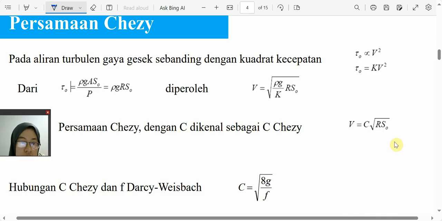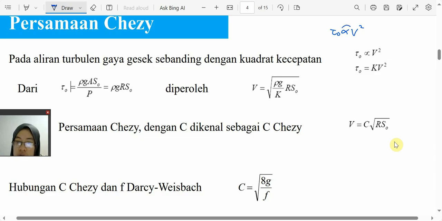Chezy assumed that in turbulent flow, the friction force is almost equal to the velocity square. So the shear force is almost equal to the velocity square.